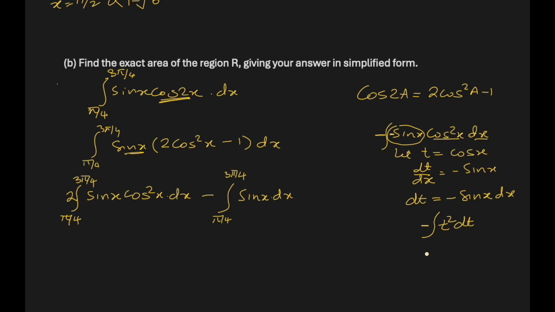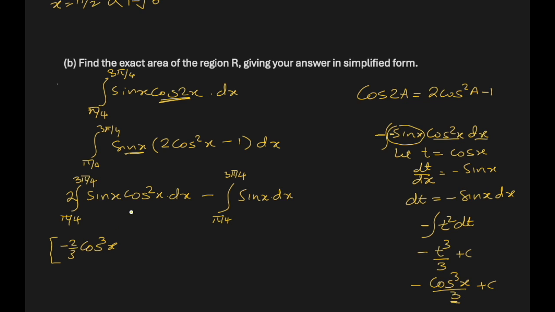So what is the integration of t square? t cube over 3 plus c, right? So we can write t cube as cos cube x over 3 plus c. 2 was outside and 3 is here, so 2 over 3 cos cube x.